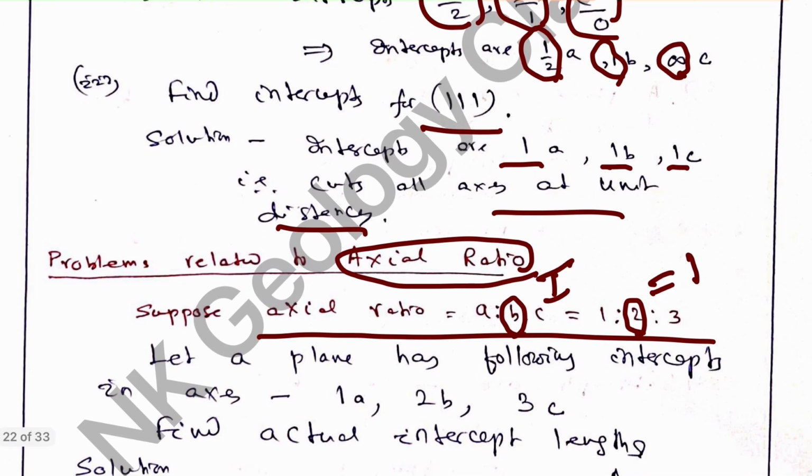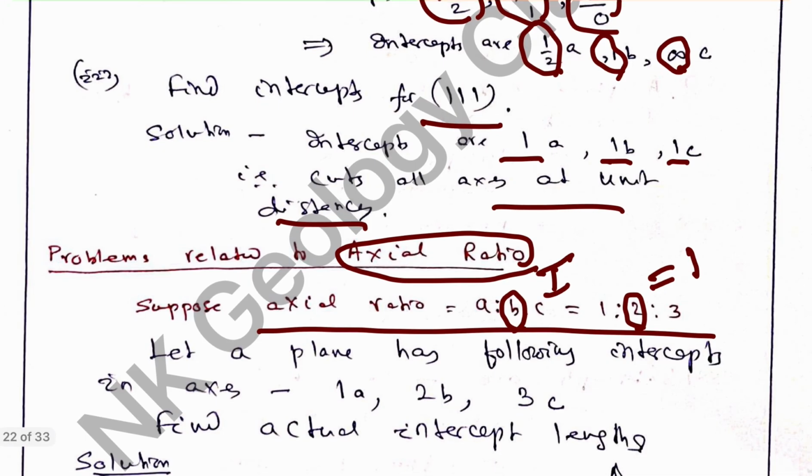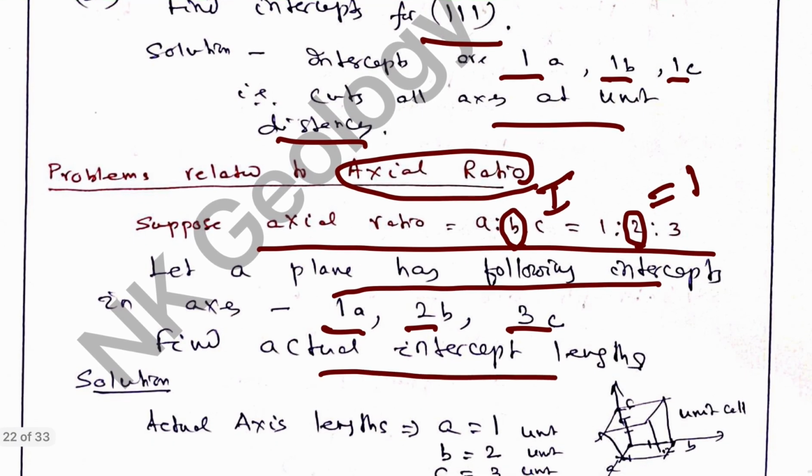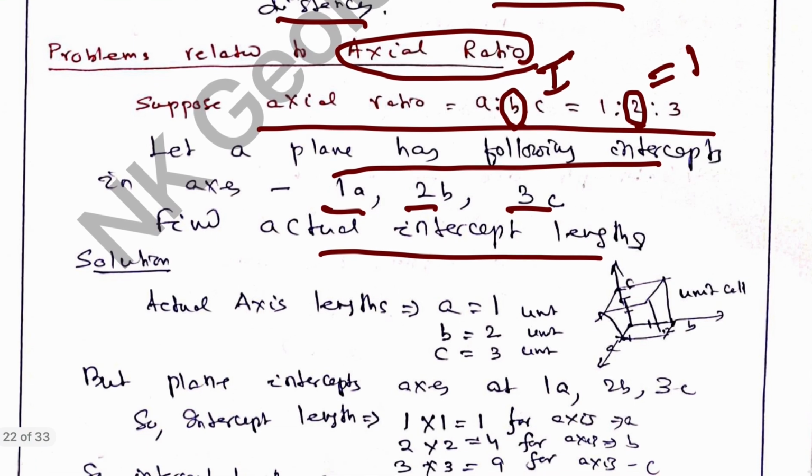We have to divide it by 2. Now let a plane have the following intercepts: 1A, 2B, 3C. Find the actual intercept lengths. So the actual axis lengths are A equal to 1 unit, B 2 units, C 3 units, because they are in the ratio of 1 is to 2 is to 3.